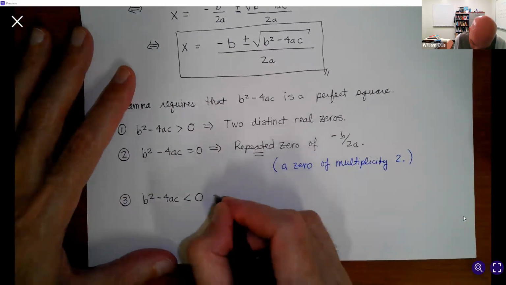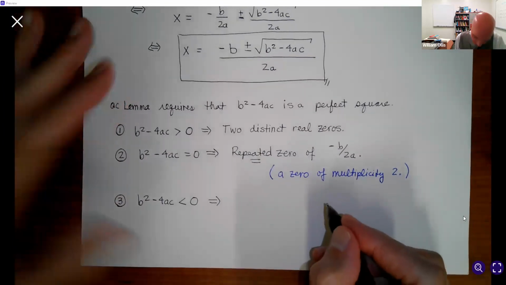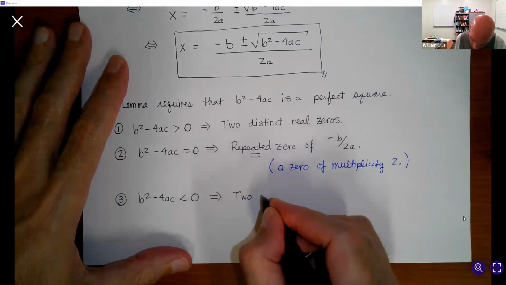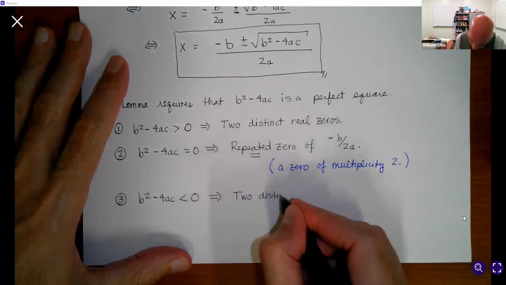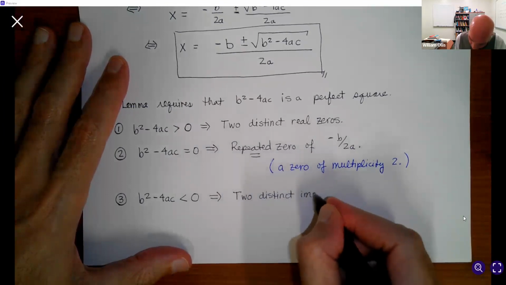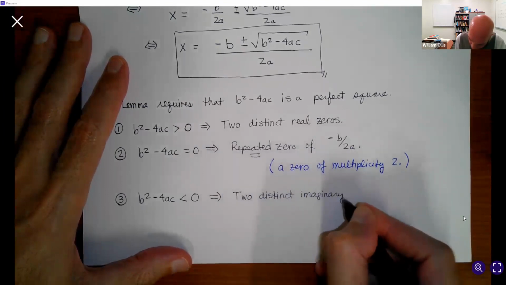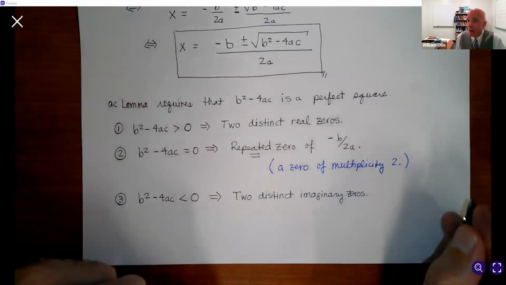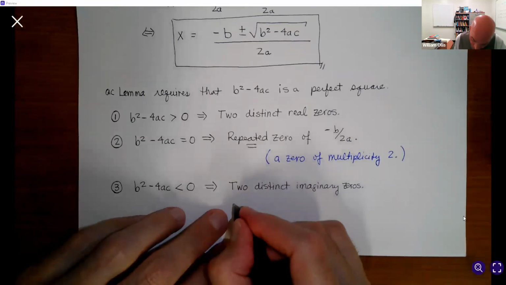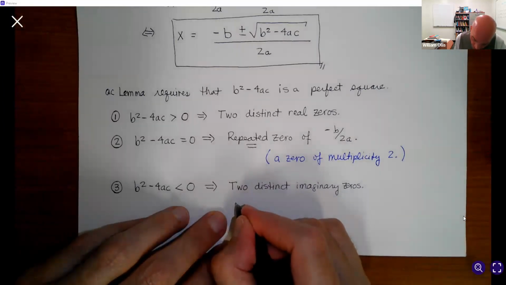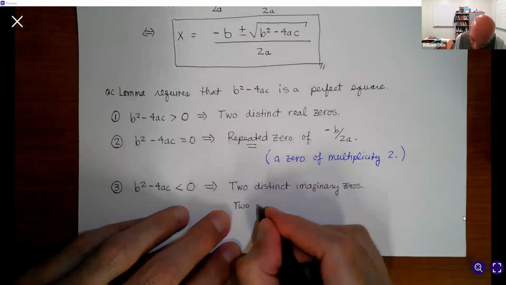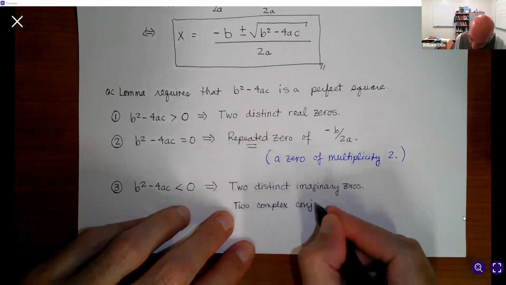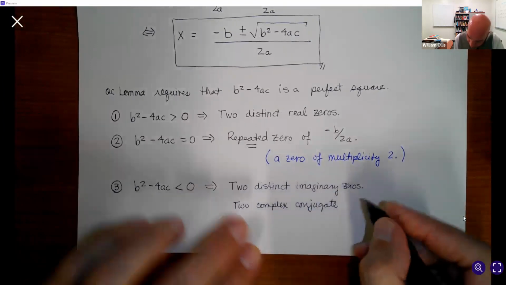So this would imply, and we get even more information, 2 distinct imaginary zeros, or in the speak of theory of equations, we get 2 complex conjugate zeros.